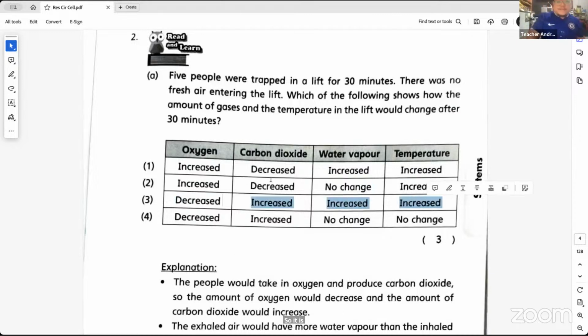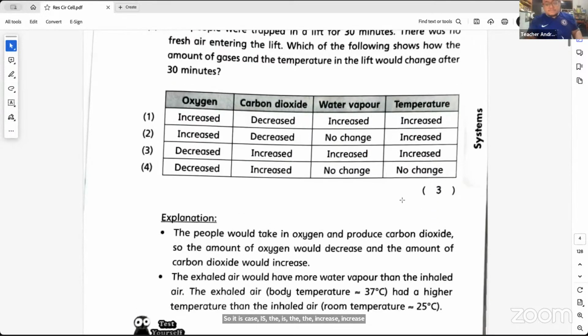Oxygen decrease, carbon dioxide increase, temperature increase. Why? Because we humans need to breathe. When we breathe in, we take in oxygen, 21%. We breathe out 16% oxygen. So as time goes by, the people will take in oxygen and produce carbon dioxide.